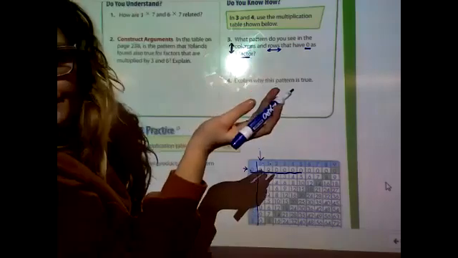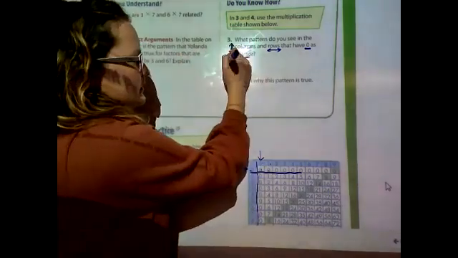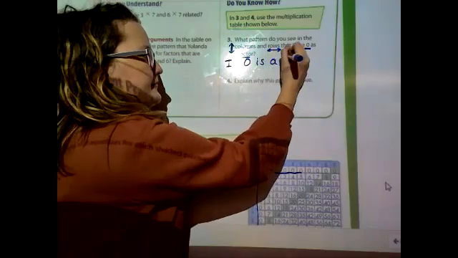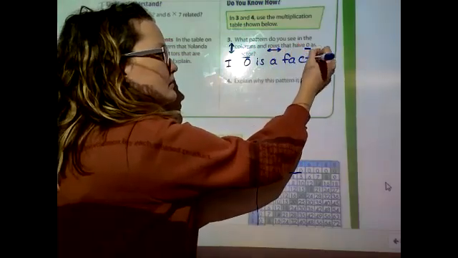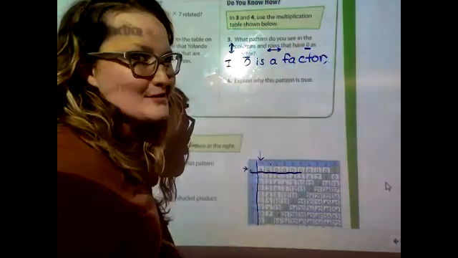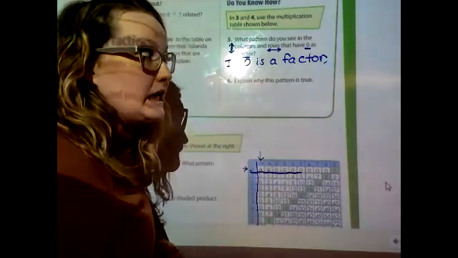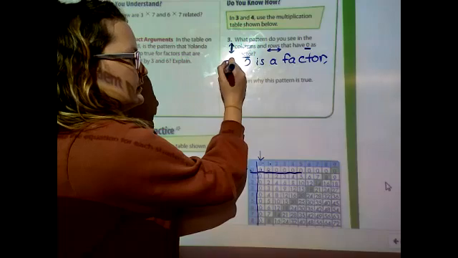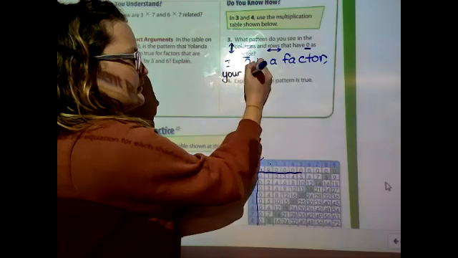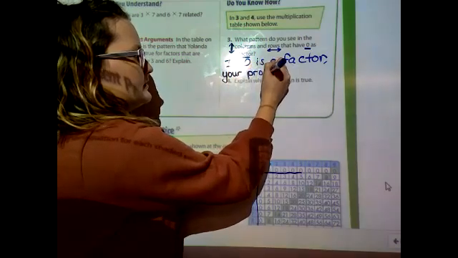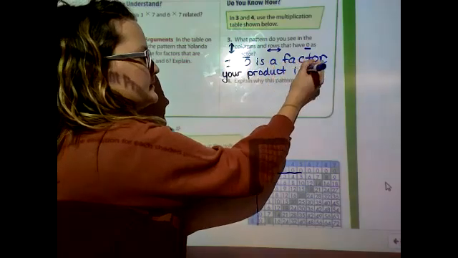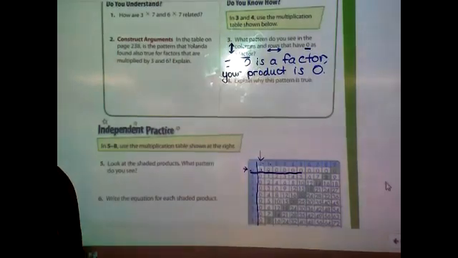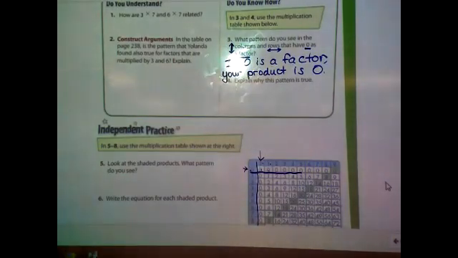Well, if 0 is a factor, what is the product always going to be? A 0. Your product is 0. If 0 is a factor, your product is 0.